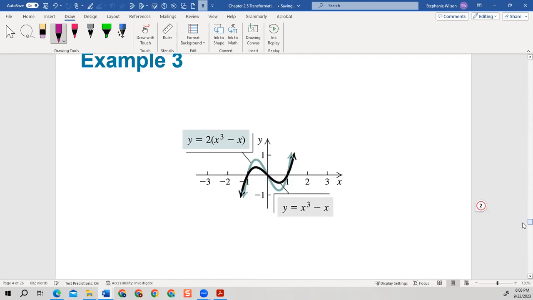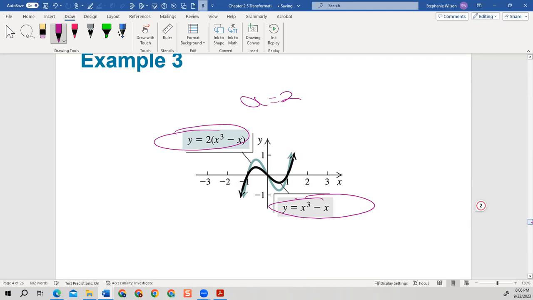However, on this next one, we have y equals 2 times x cubed minus x. Let's take the a out, because a in this case is 2, and look at the x cubed minus x. If I plot it, that's this black one.